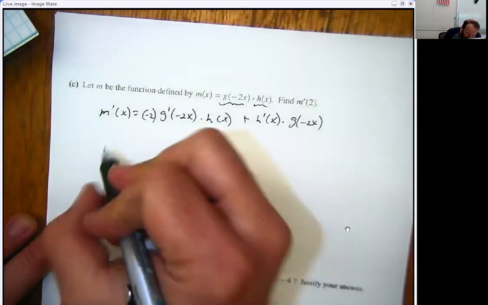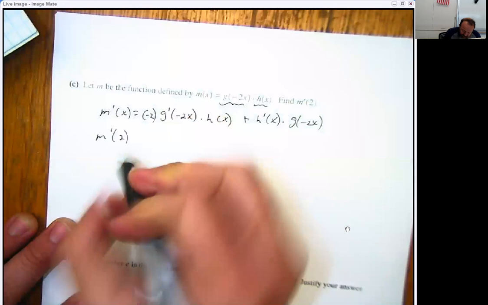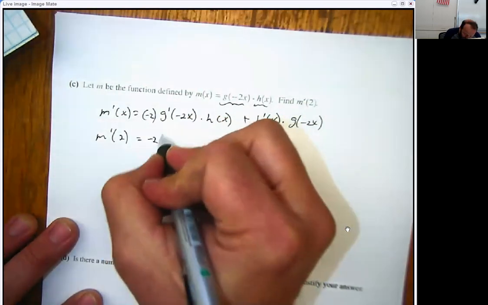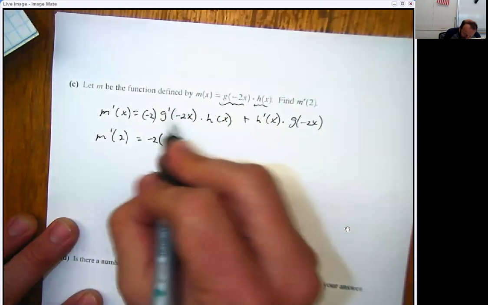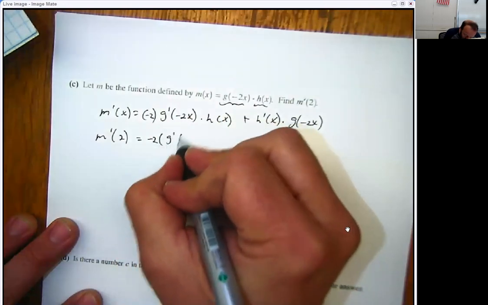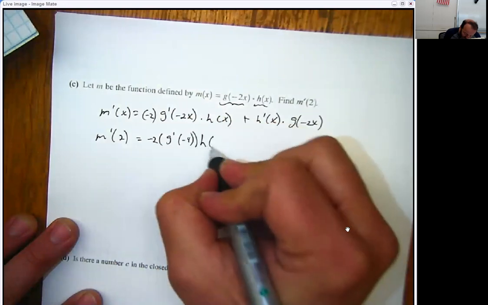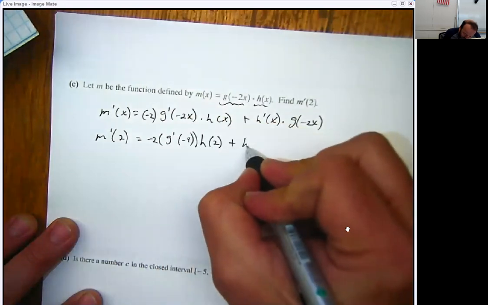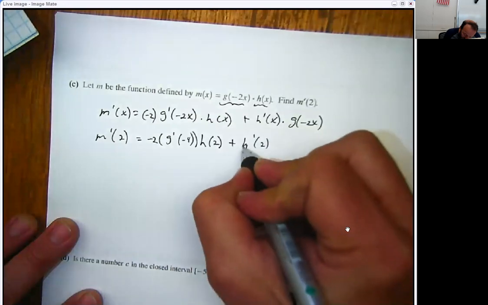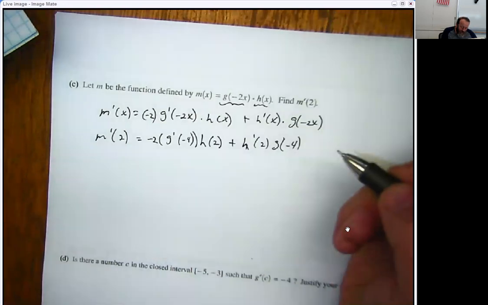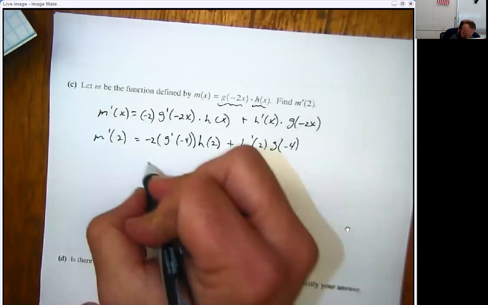And now I want to know what happens if I evaluate this m prime that I found right here at the number 2. So I still have my -2 from there. This is now going to be g prime of -4, h of 2 plus h prime of 2 times g of -4.